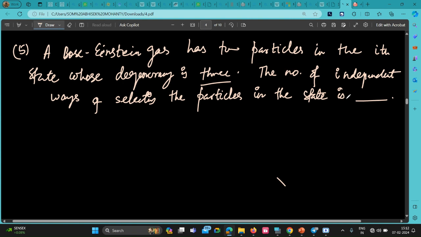The number of independent ways of selecting the particles in the state is.